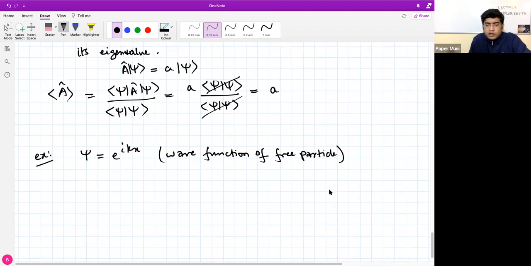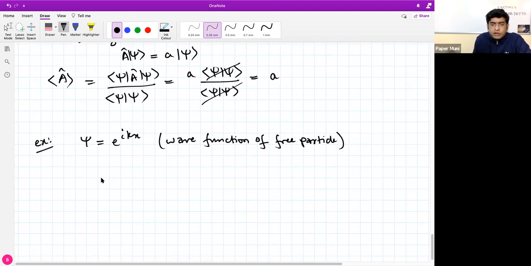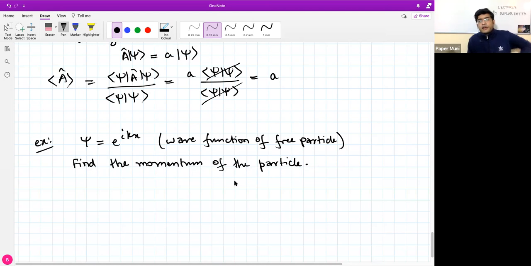Now how can you find the momentum of this particle? Find the momentum of the particle.